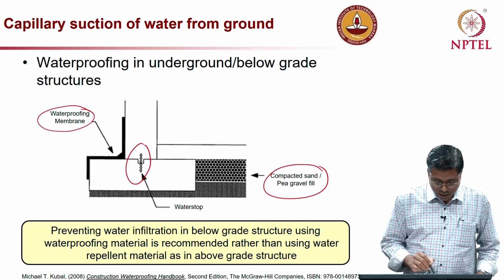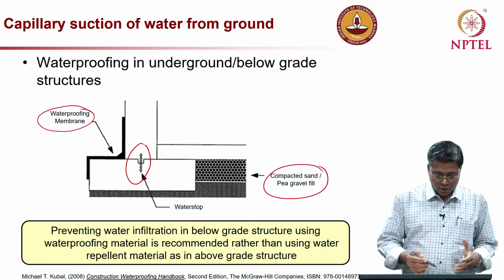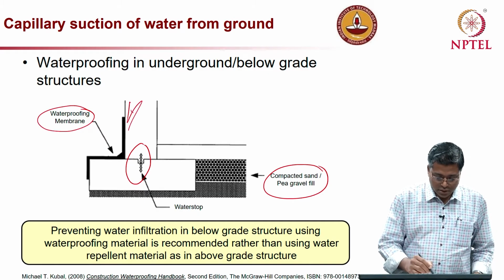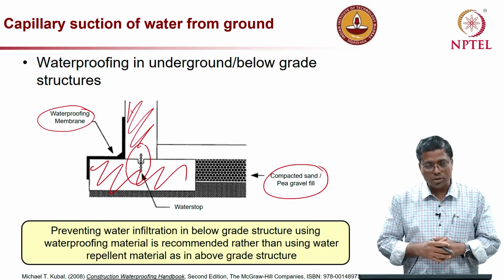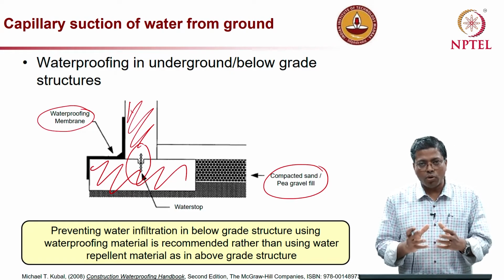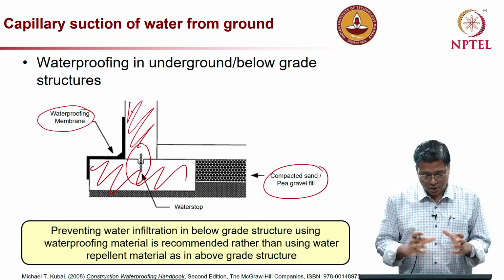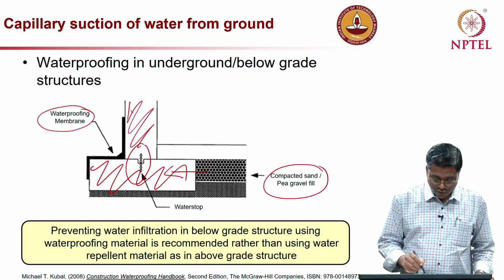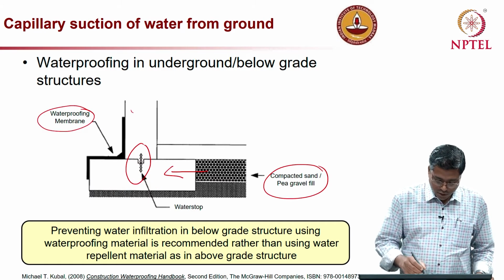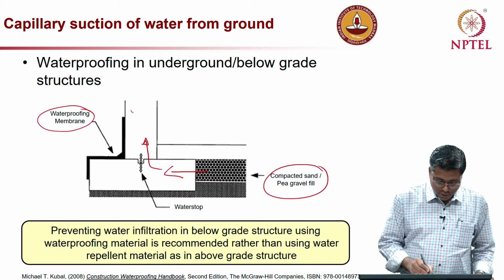Water can actually enter, and if these elements are really porous in nature, if capillary pores exist in the pore structure, then water will easily flow like this and enter the building. So, this water stop actually prevents the water.